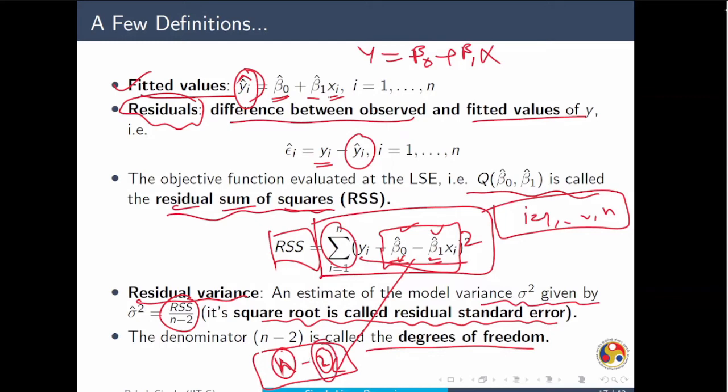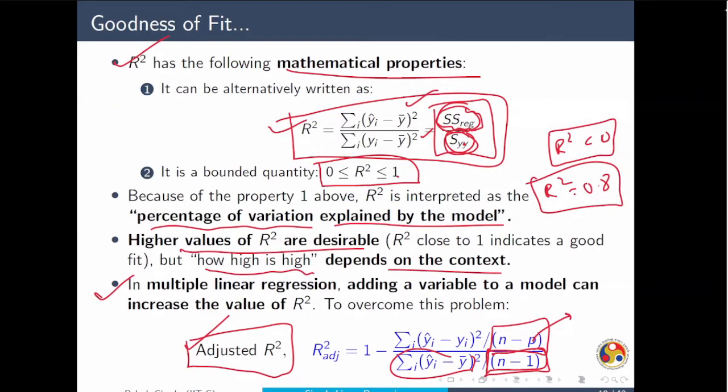Okay, so in a very loose sense, you can think about how many free things we have right now. When I'm talking about y, I have n free things, but I'm also restricting with y bar.